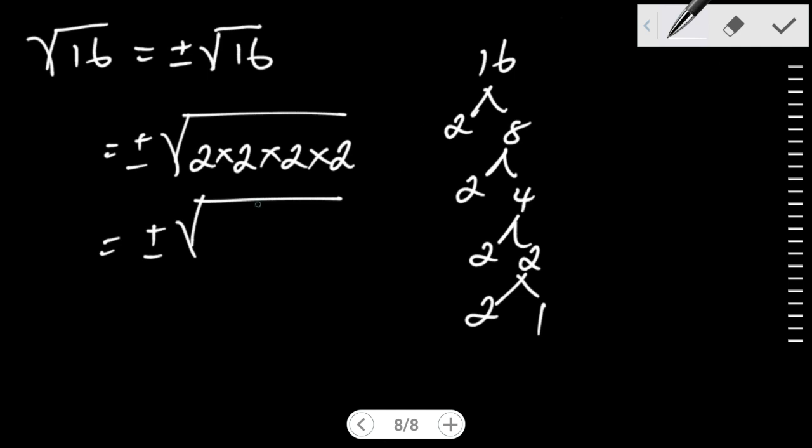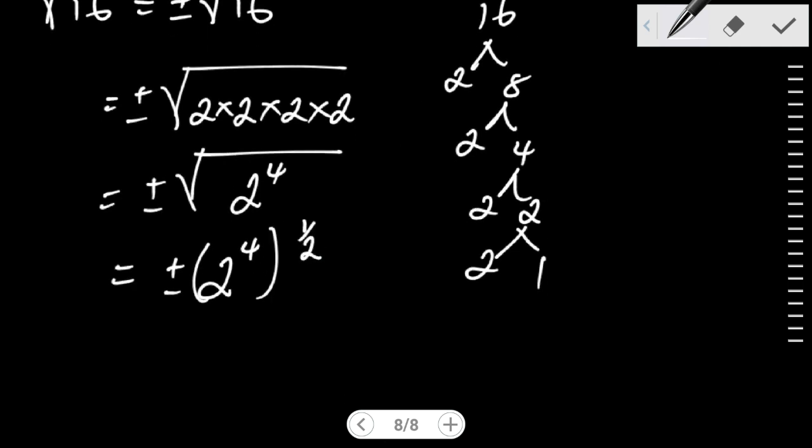root of 2 power 4. And therefore, this would be equals to positive or minus root of 2 power 4, but I'm having the half outside.